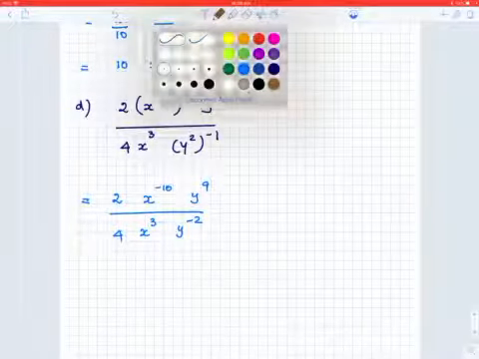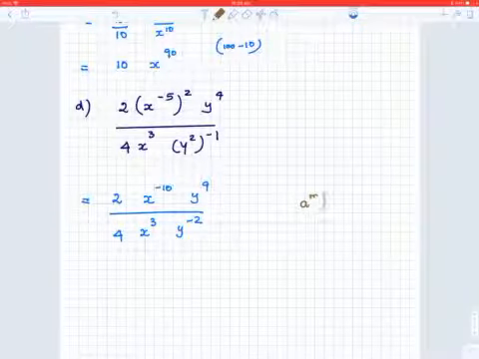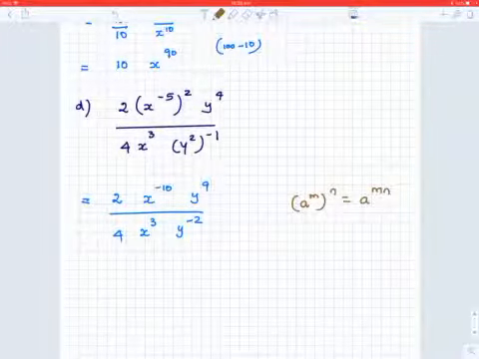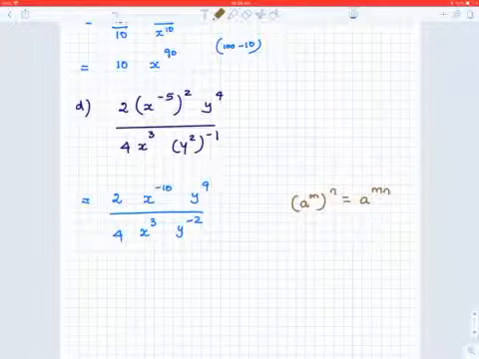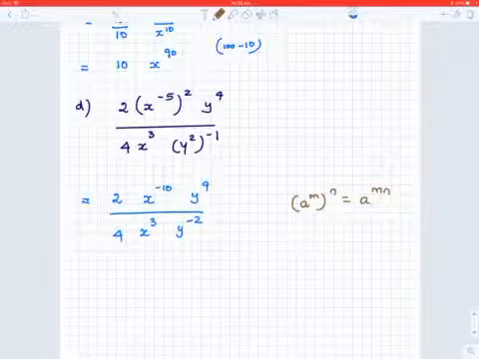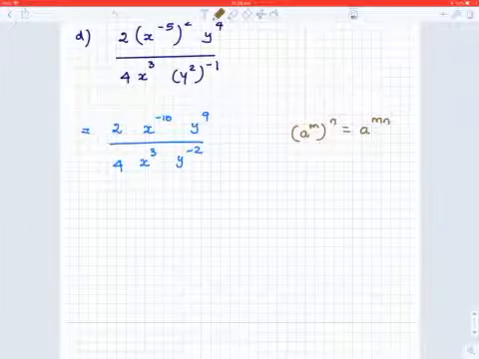The rule we are using here is a power m power n equals a power mn. That is the rule I am applying for both the numerator x power negative 10 and to find y power negative 2 in the denominator.